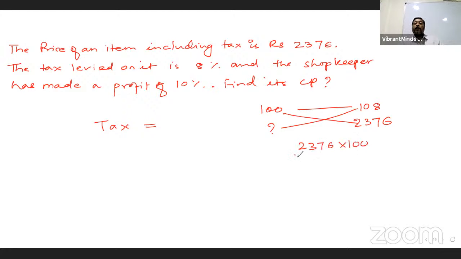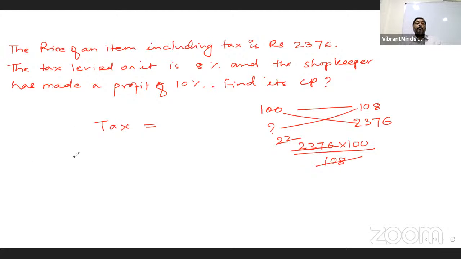2376 into 100 divided by 108. Now, 108 2 times is 216. Again, 237 minus 216, so it will be 21, again 216, so 2200.